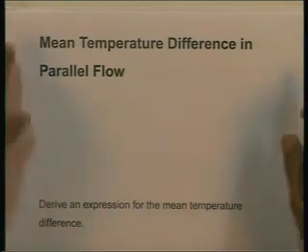Now, let us first look at a typical parallel flow heat exchanger. Let me put a cover on the lower side, so that we focus attention on the upper part of the figure. Here we have a parallel flow heat exchanger.